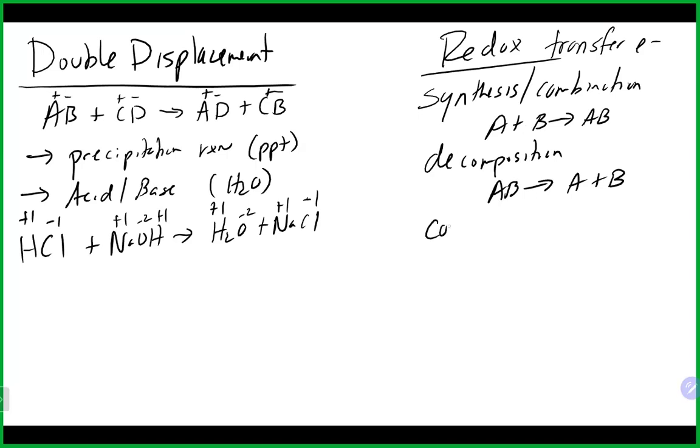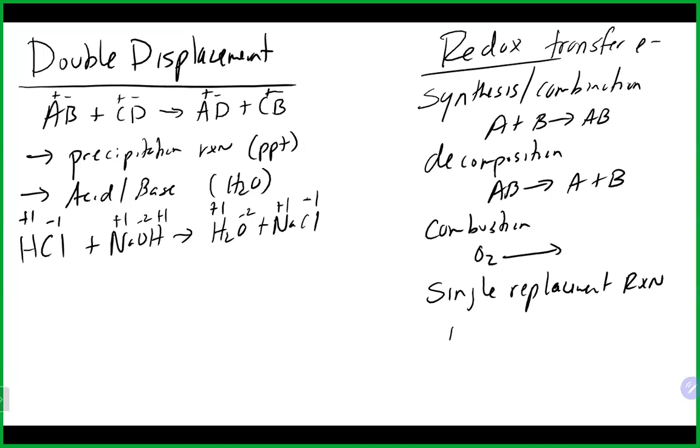You could do a combustion reaction, where O2 is really the only thing that you need. And lastly, you could have a single replacement reaction where you have one thing that has no charge, could be a metal or a non-metal, and you have an ionic compound where this guy comes in and kicks out, making a new ionic compound, and again, that guy comes out with no charge.